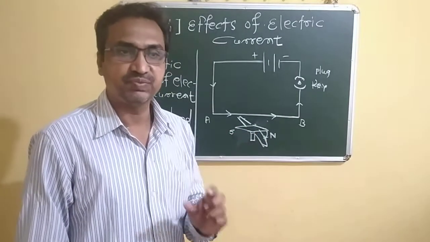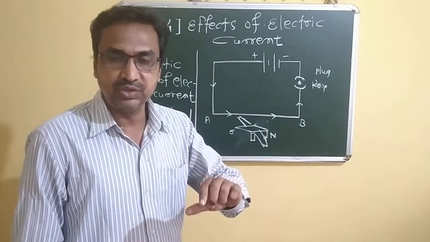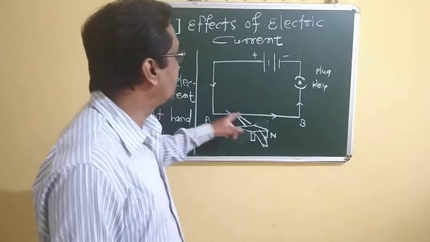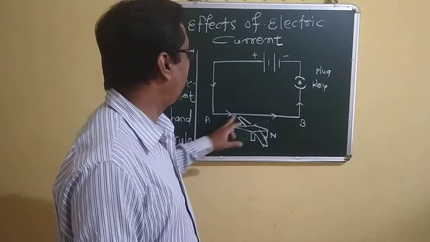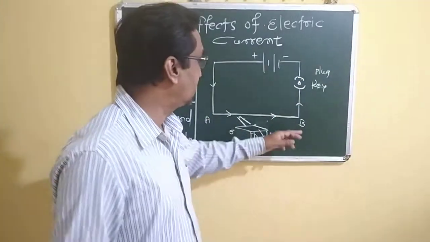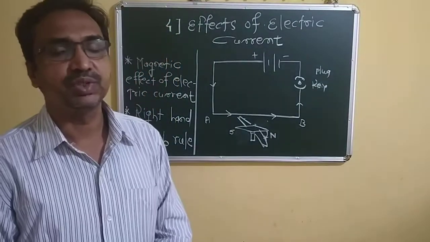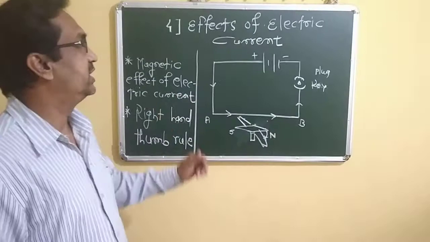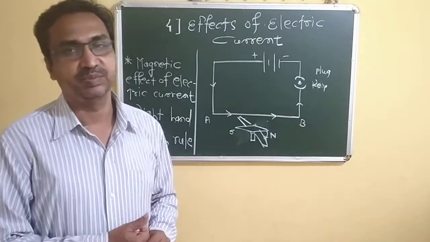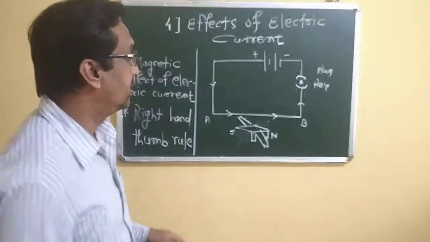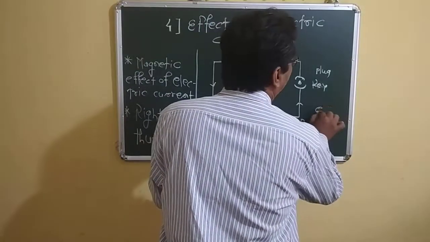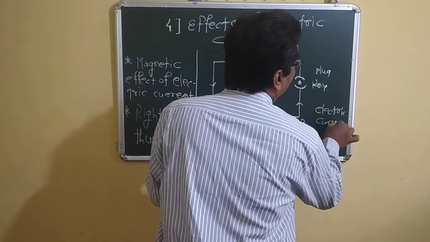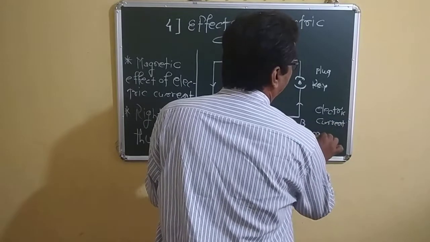The deflection found in the magnetic needle is opposite to that of the first one. Why is it opposite? Because the direction of current in the first case is from A to B and in the second case from B to A. So we can easily observe that there is a relation between electric current and magnetic field.